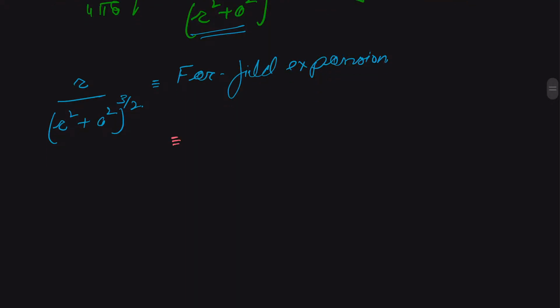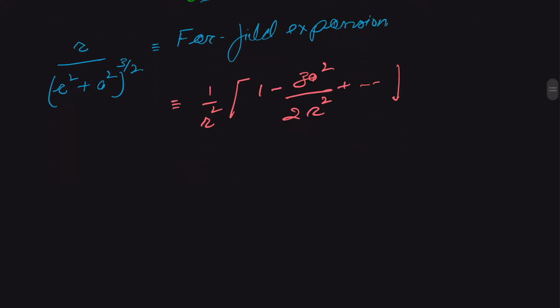So we can write this as R, taking it common, so this will be 1 upon R square, and 1 minus 3A square divided by 2R square plus and so on. So we simply substitute in the equation of electric field.